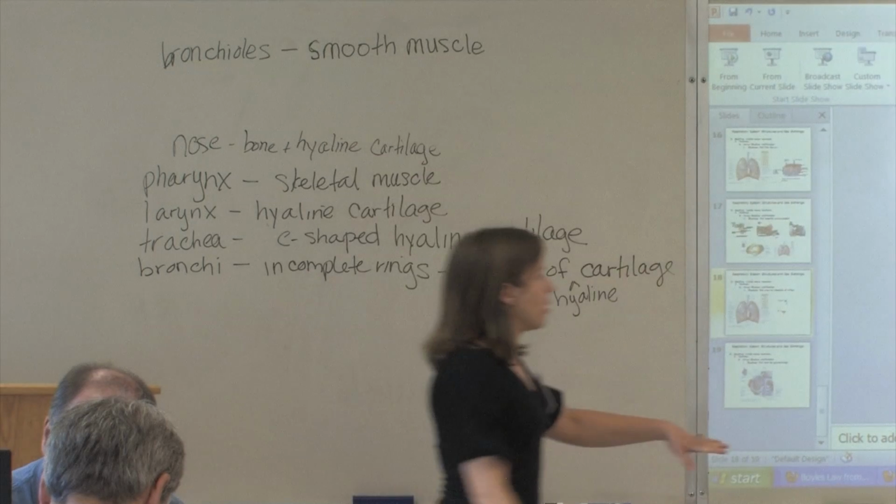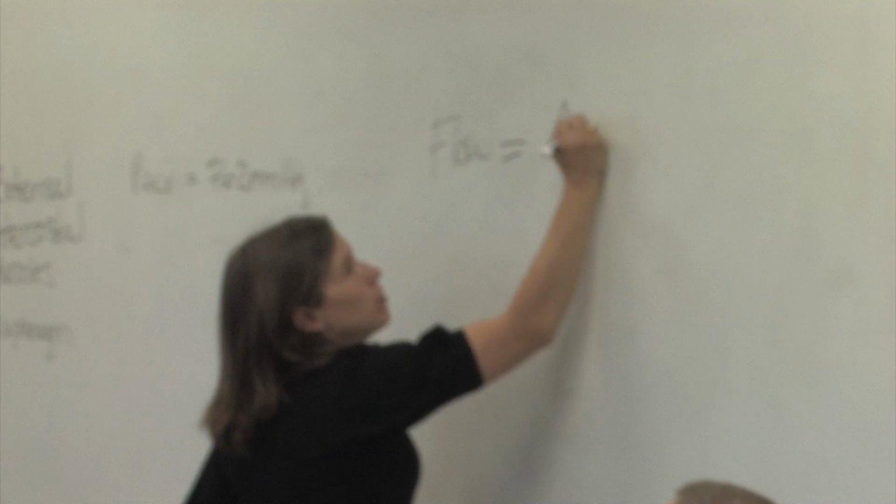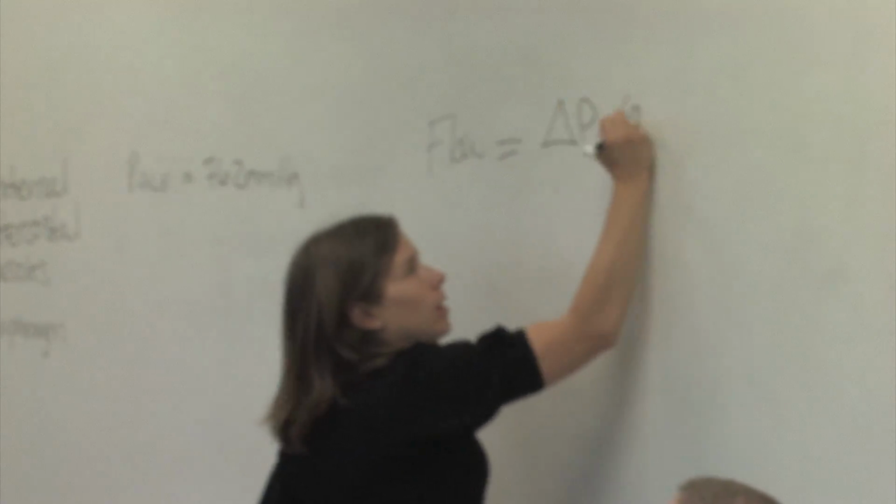And when we talk about flow, in order to understand how the bronchioles alter flow, we need an equation. Flow is directly proportional to delta P, which is our pressure gradient.